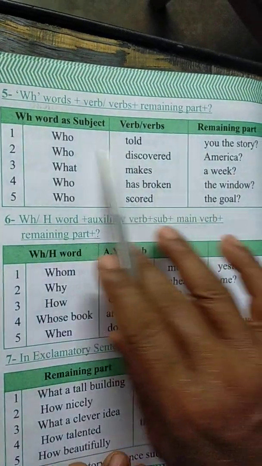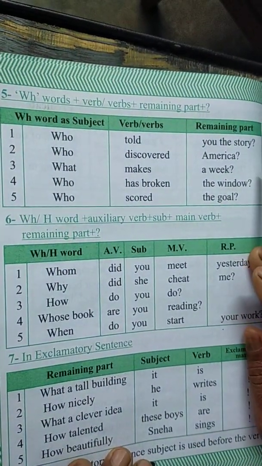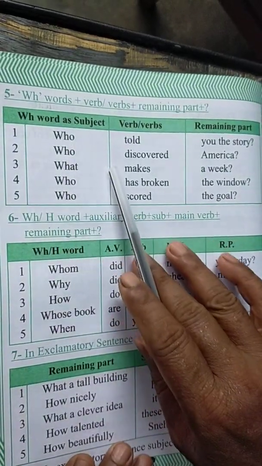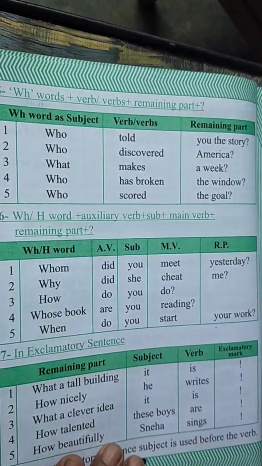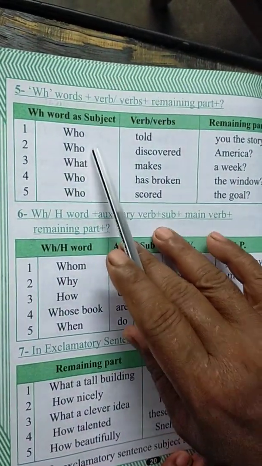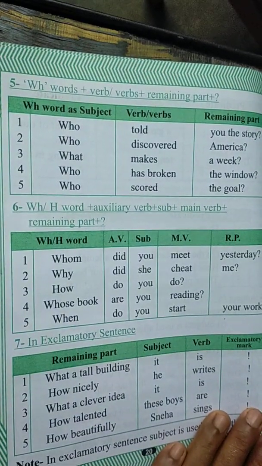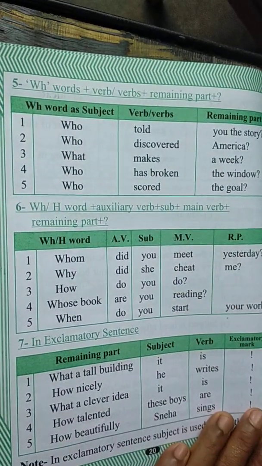It is an interrogative sentence, and it may be called a double H word sentence. Thus we came to know how the subject, verb and remaining part of a sentence work where the double H words are used.